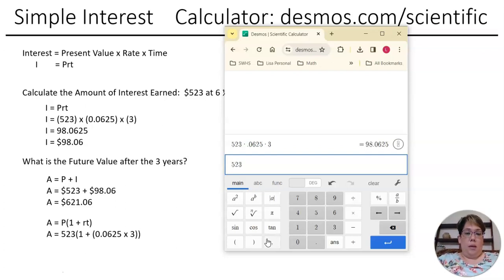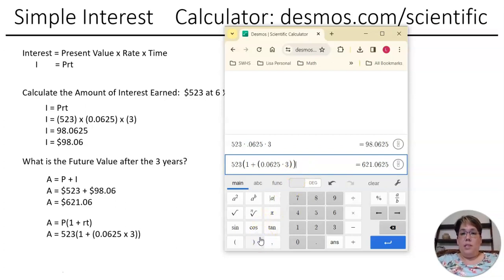So I'm going to use this parentheses 1 plus, and then I'm going to use another parentheses, 0.0625 times 3, and then I have closed parentheses. I have 2 of those.